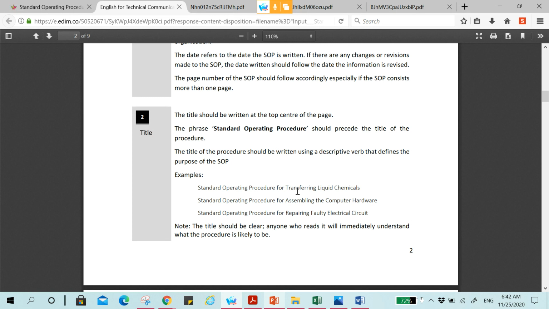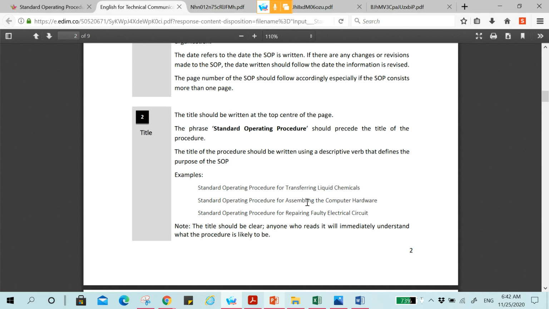Okay? So, for instance, we have another example here: Standard Operating Procedure for assembling the computer hardware. So the descriptive verb here is the word assemble, but we use ing because we have the word for before the descriptive verb. So, for assembling.